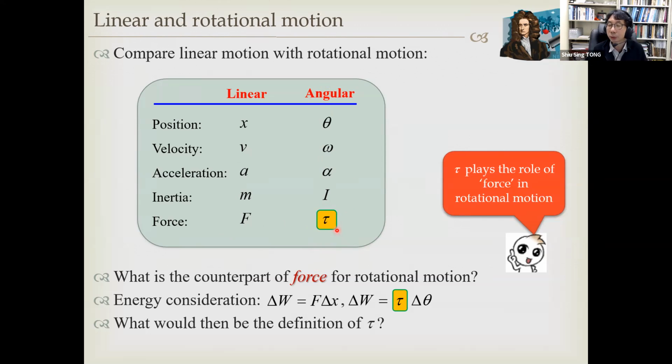When you multiply the force by the moment arm, the distance of the application of the force from the pivot of rotation, you get the moment of the force. The moment of the force is formally called torque. This word, torque, T-O-R-Q-U-E, we introduce later.